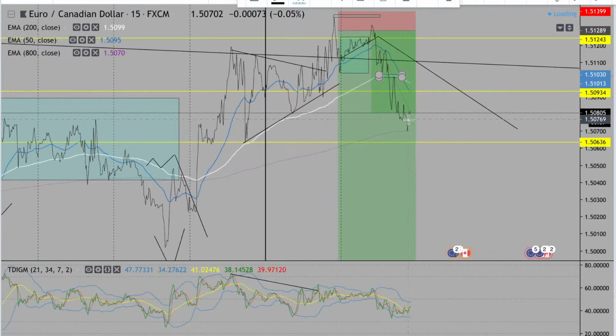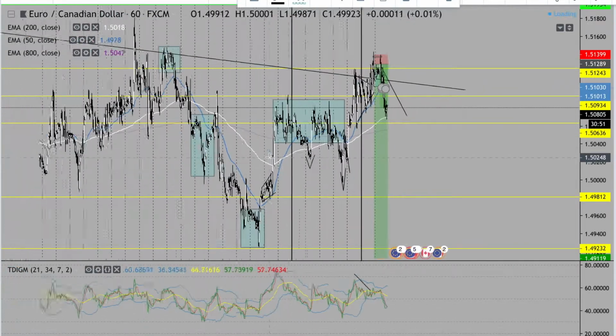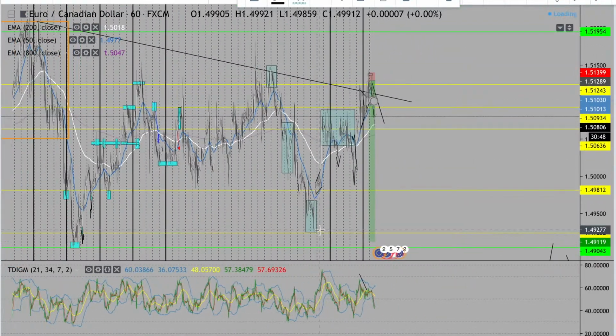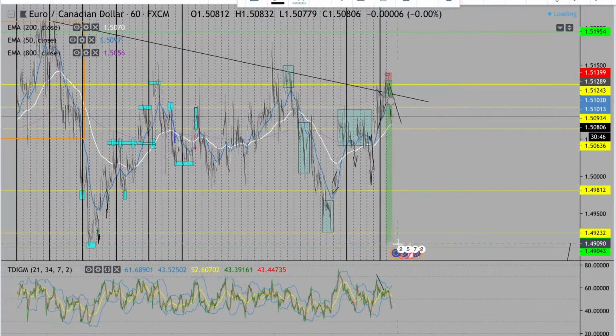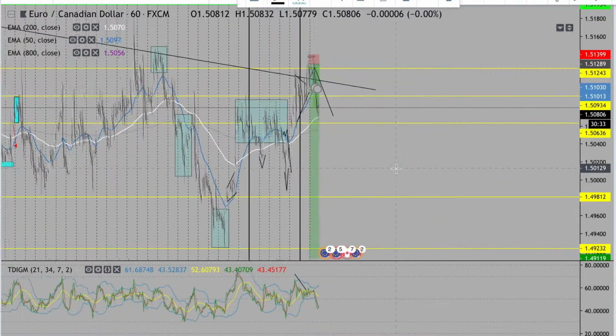So as I've already explained to you guys, I am seeing this going down to at least this level right here, right? Because it's a downtrend in the 4-hour chart, and probably it's gonna drop down to this level and retest somewhere and then continue to go down.